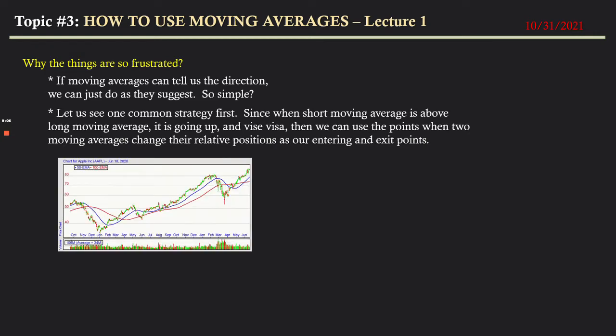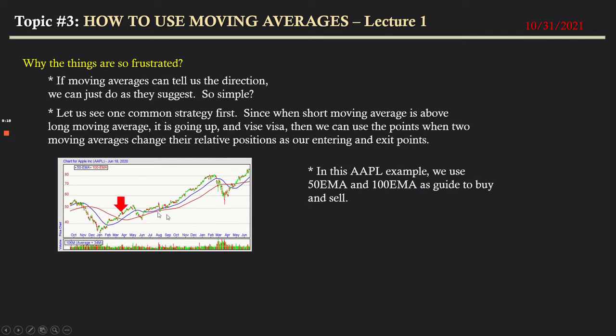Look at this example. This is Apple. And we see 50 EMA and 100 EMA as two lines here, blue and red. You can see at this point the blue line crosses the red line, and they cross again here.